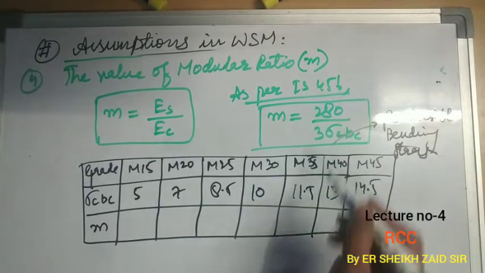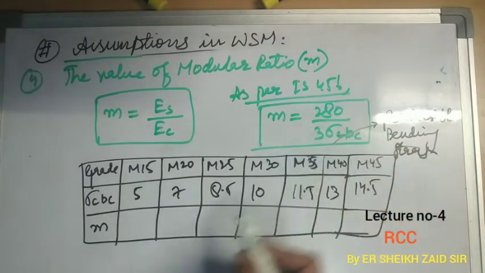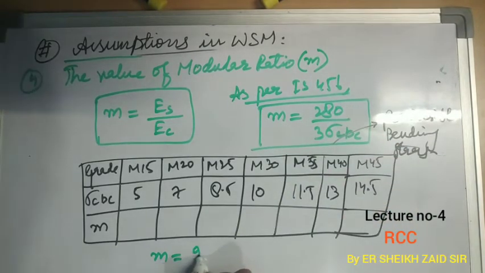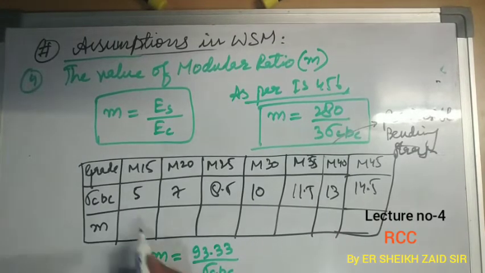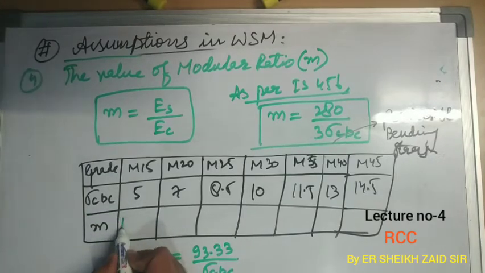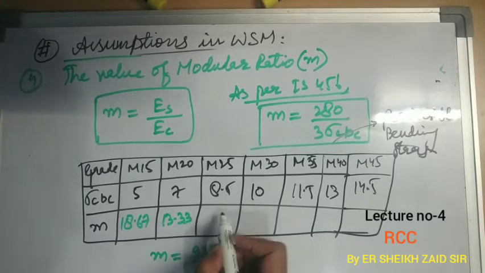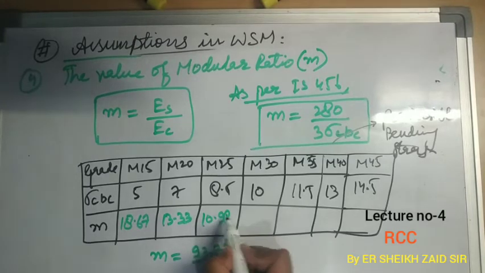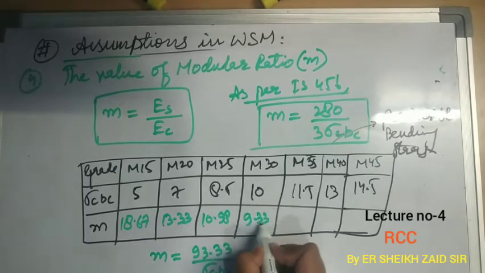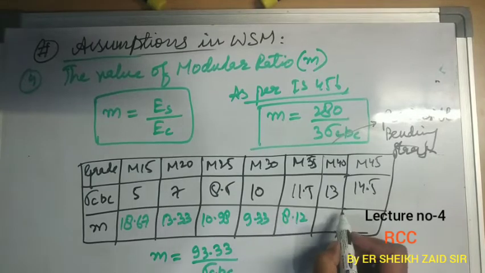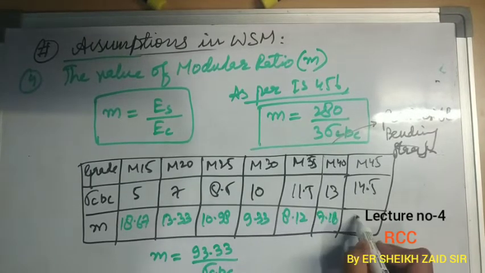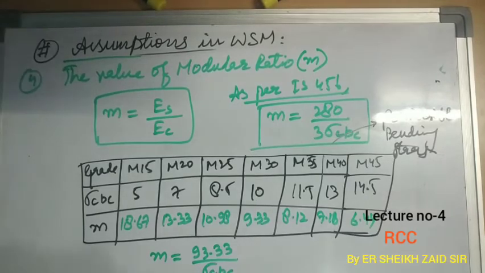This formula can be modified: if we divide 280 by 3, we get 93.33 upon sigma CBC. On substituting these values, we get the corresponding values of modular ratio as 18.67, 13.33, 10.98, 9.33, 8.12, 7.18, and then 6.44. So this was a table from IS 456.